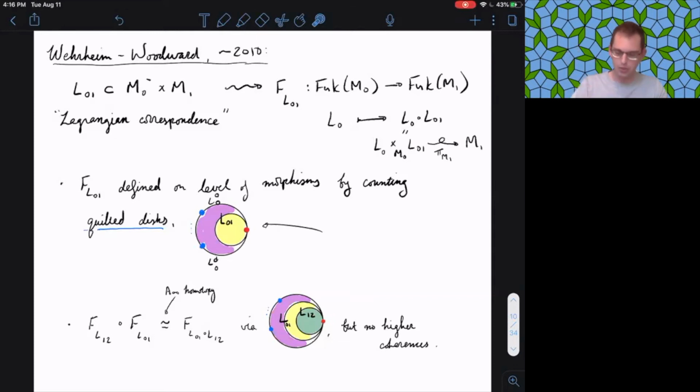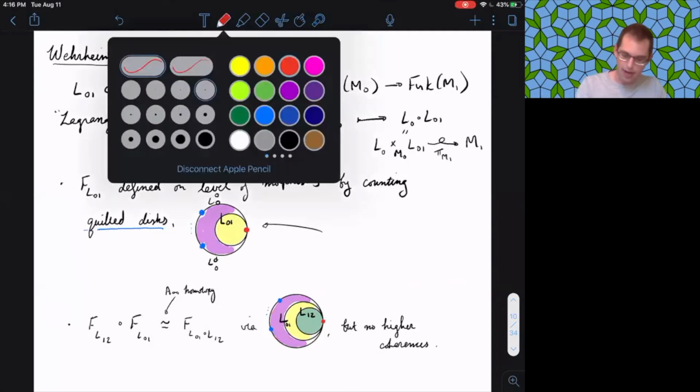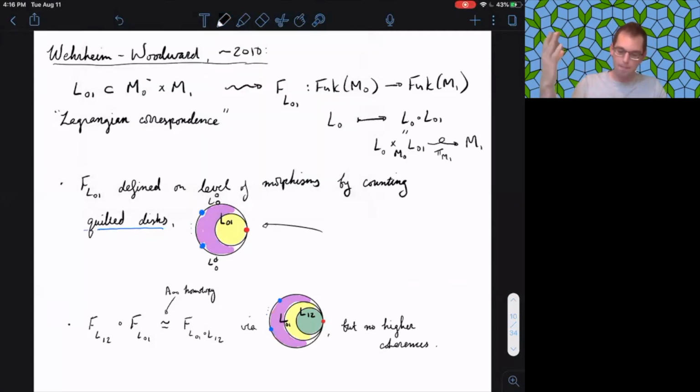We're putting an interior circle into this disk. And that's the domain for the kind of maps we count to define this functor on the morphism level. And we again see this sort of operadic principle that the nature of the algebraic thing we're building comes from the operadic structure of the domain moduli spaces.